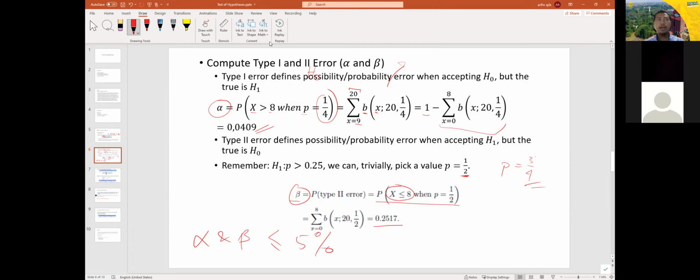And if alpha and beta have this value respectively, we can say that our test is good.